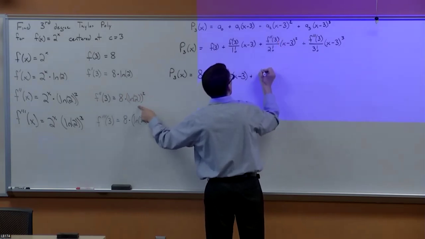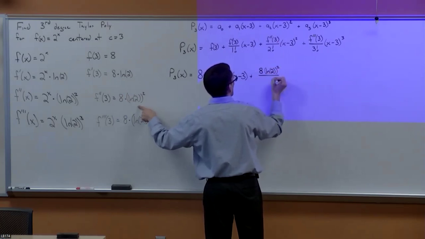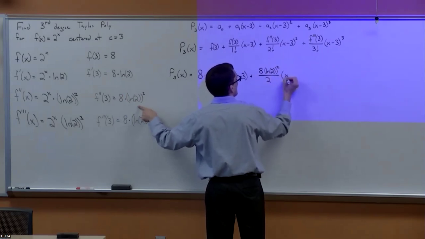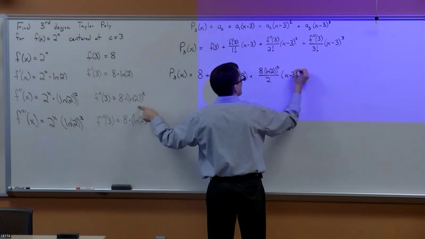This is 8 times natural log of 2 squared over 2 factorial, which is 2, times x minus 3 squared.